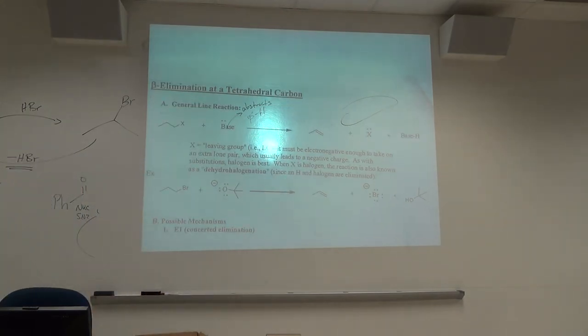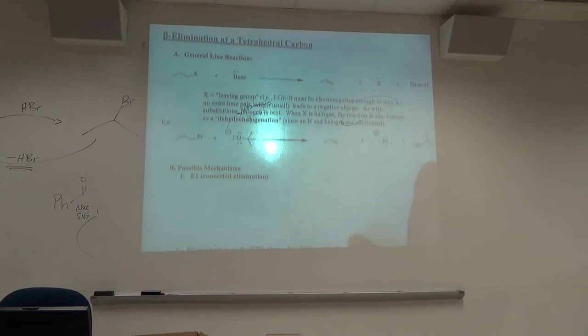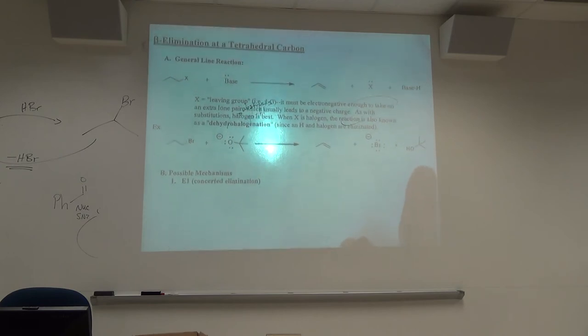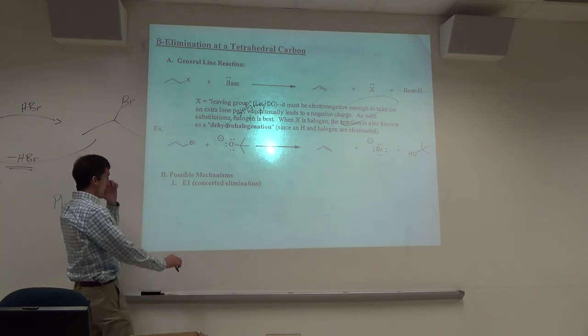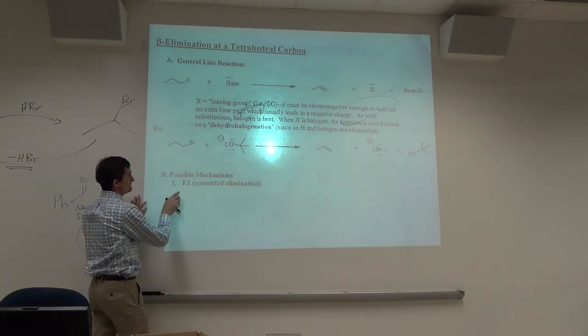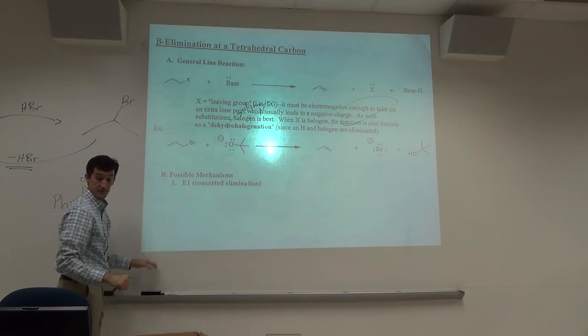Just like with SN1, SN2, let's do two different mechanisms and then let's look and see which one we like the best. We're going to do both E1 and E2. And I see that this has the same problem.